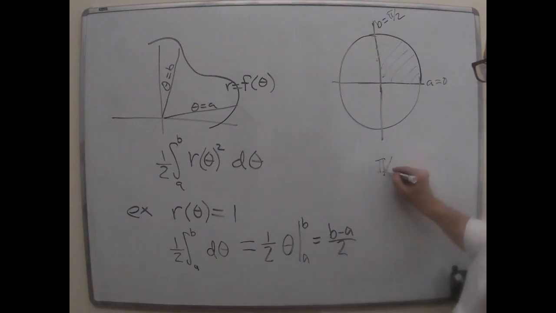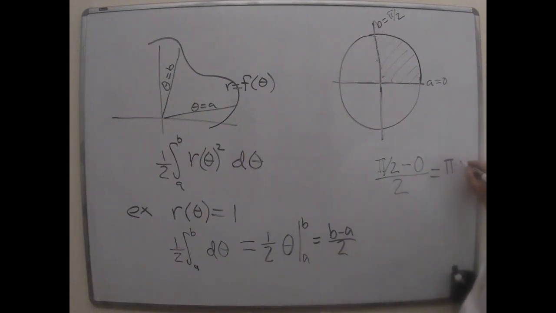Pi over 2 minus 0 over 2, which is pi over 4. Is that right? Is the area of this piece that I've now cross-hatched 1/4 of pi? Well, I hope you remember that pi r squared, which in this case would be just pi, is the full circle, and that's 1/4 of the pi. Yeah. So that makes it plausible that this is, in fact, the right thing. I guess maybe I should say, trust me, this is the right thing.